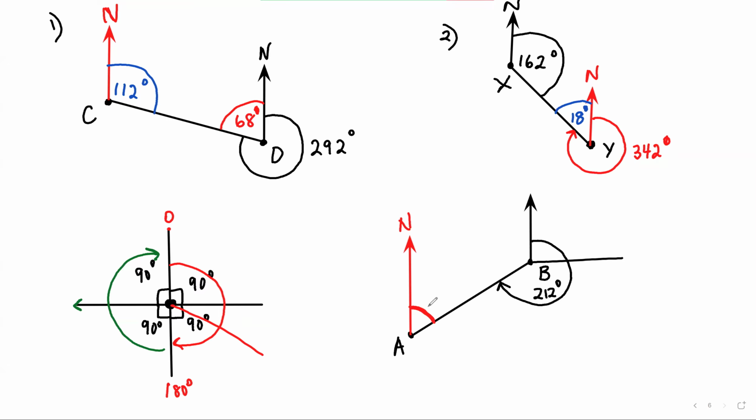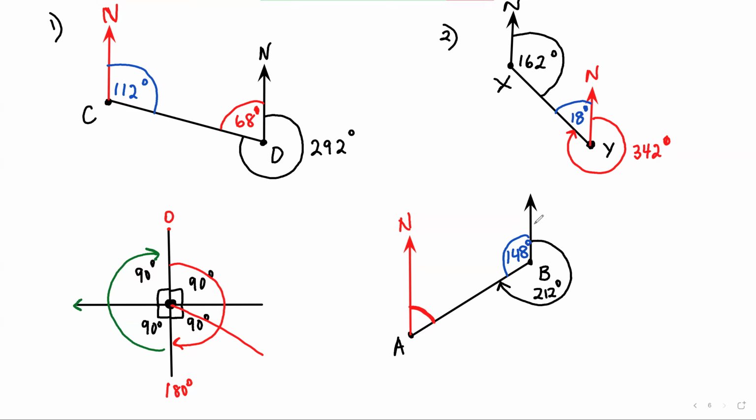So to figure out what that angle is, I would first check what the inside angle is here, this angle over here. I could work that out because these two angles, the angle of 212 and that one, add up to 360. So 360 take away 212 is 148 degrees.